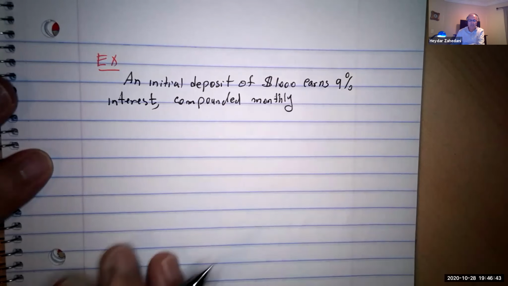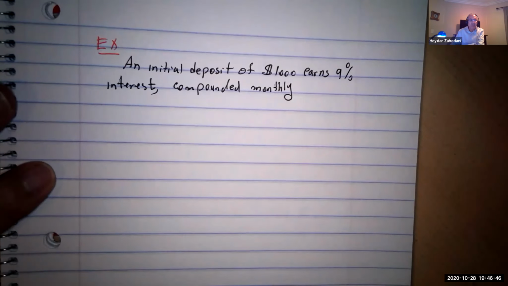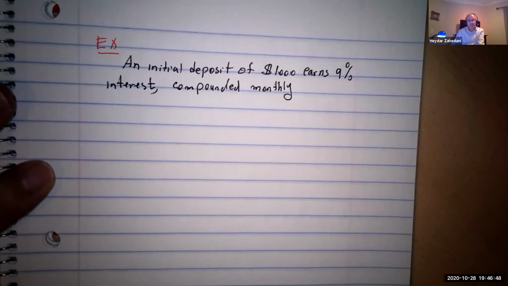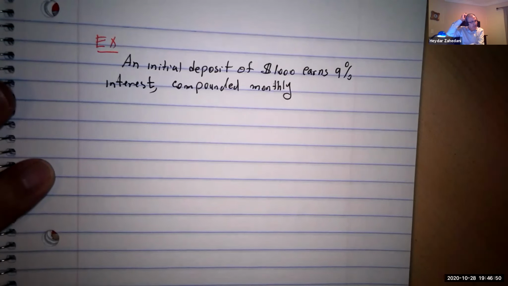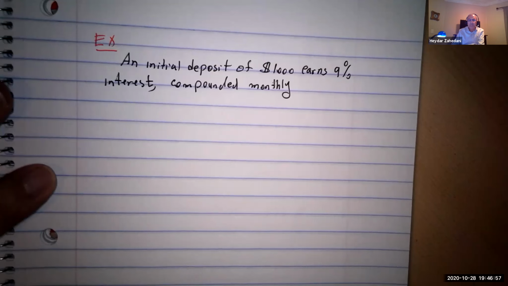So monthly means 12 in a year. Because this is a finite number of times, it's not going to be continuously, and you have to use the other formula.